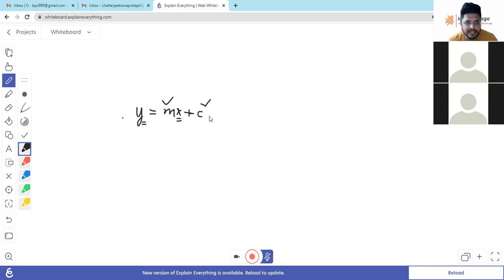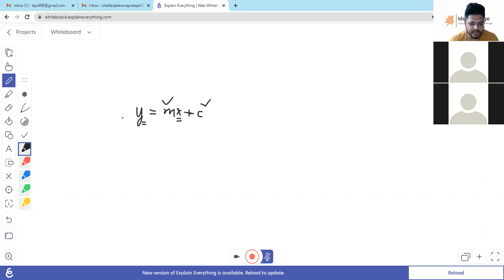So basically, these are the parameters that we will learn with the help of the data points that we have in x and y. That is the target. We have to learn m and c, the learnable parameters.